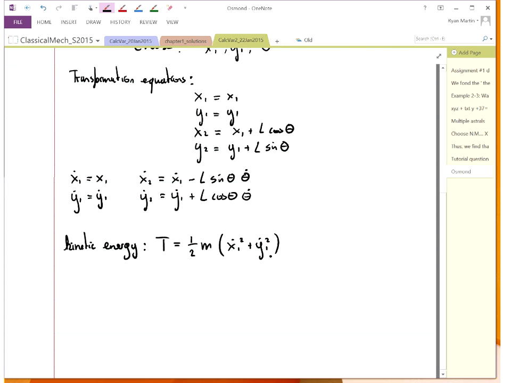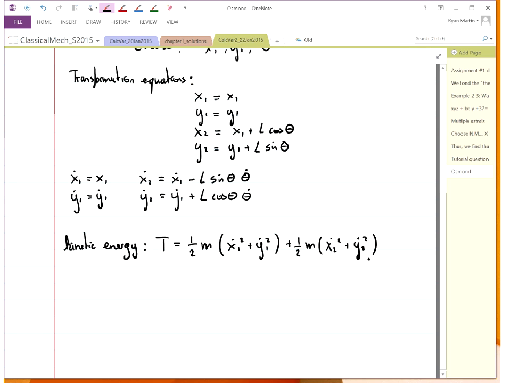The kinetic energy of the first particle is a half m, x1 dot squared plus y1 dot squared. Right? The square of the velocity is the sum of the squares of the components. Similarly for the second particle, it's a half m, x2 dot squared plus y2 dot squared.